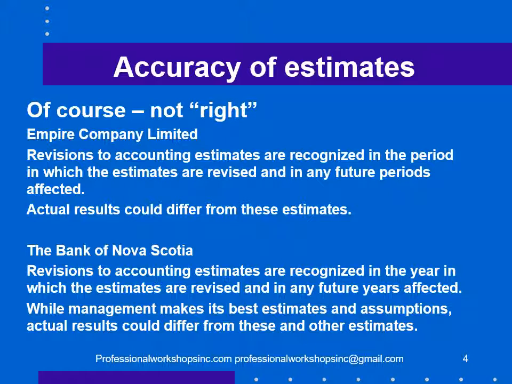Bank of Nova Scotia basically uses identical wording. The first sentence is identical, except they talk about years ending as opposed to periods ending. And actual results could differ is the same. They apply a little qualifier: while management tries its best, actual results could and will differ.